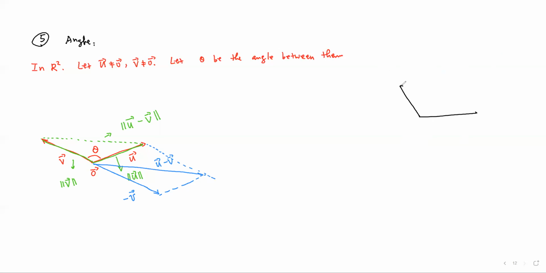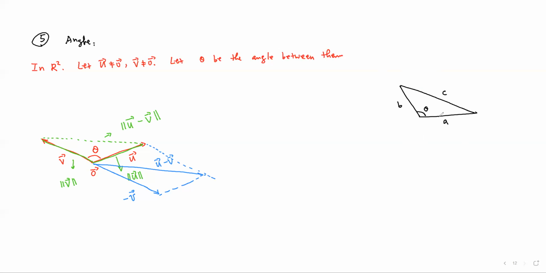Let me call this angle theta, the length of this edge is A, and the length of this edge is B. This edge is opposite to the angle theta.